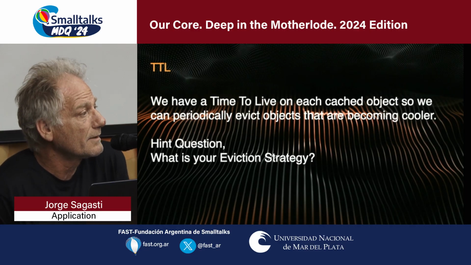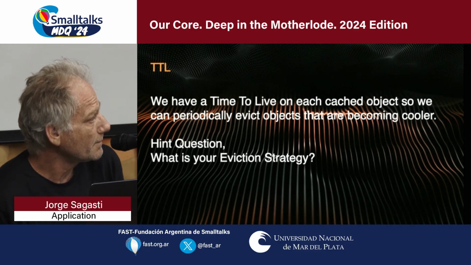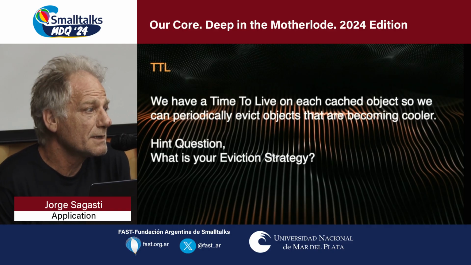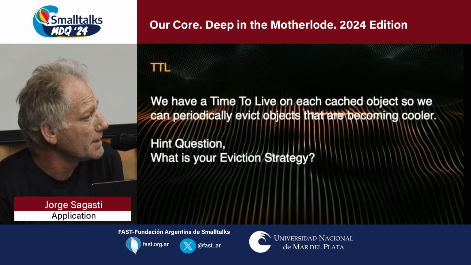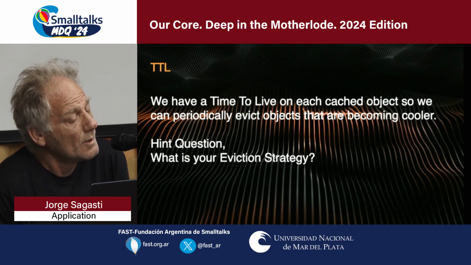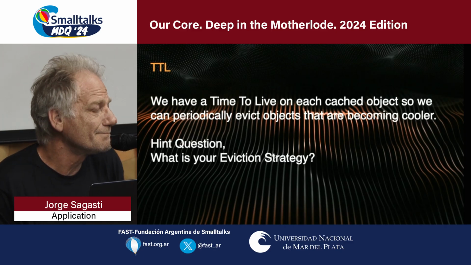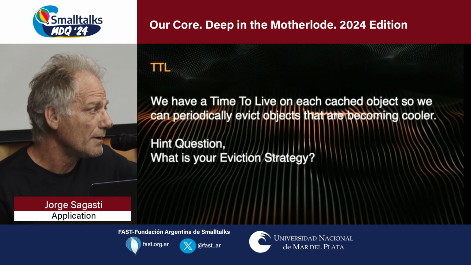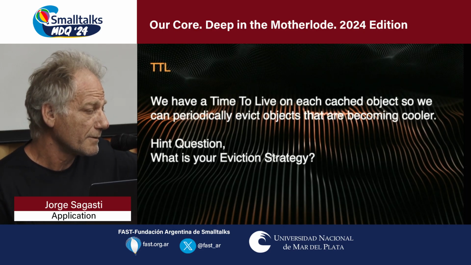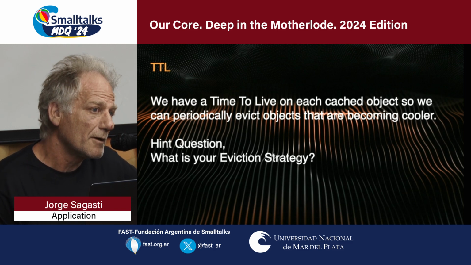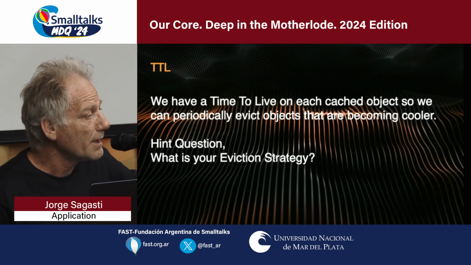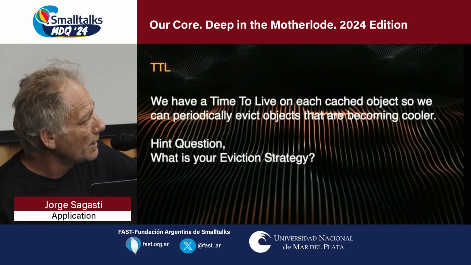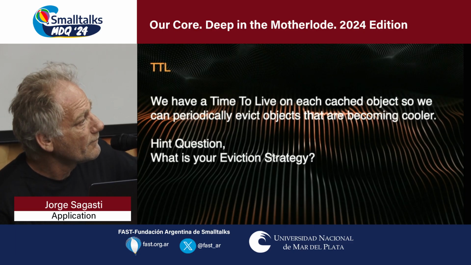We have a time to live on each object, and we have an eviction strategy that we use to keep the objects that are hotter, as I told you, temperature. We keep those objects in memory, and the objects that are getting cooler are evicted from the cache.